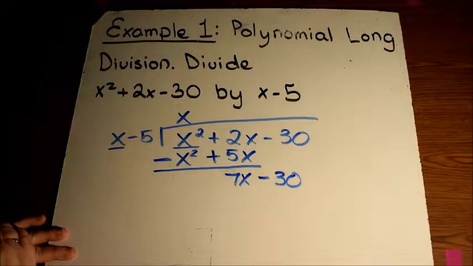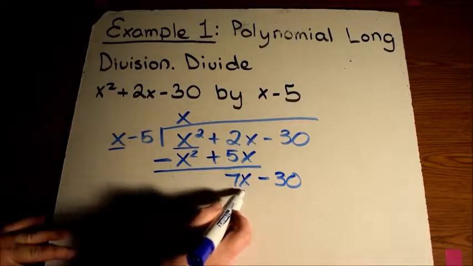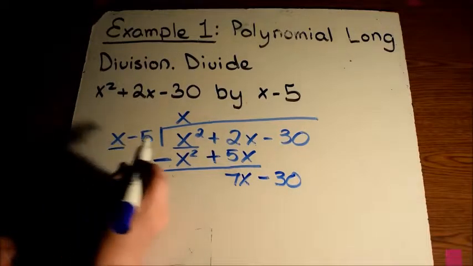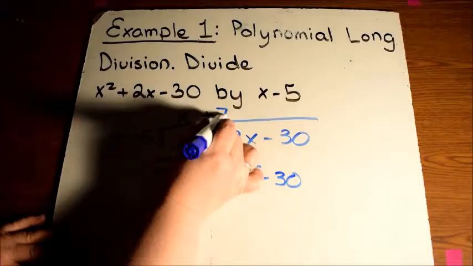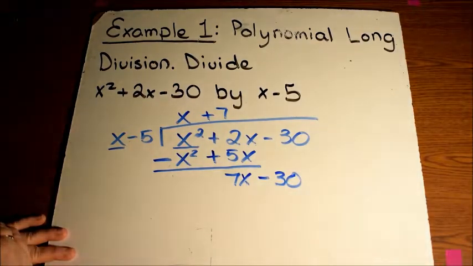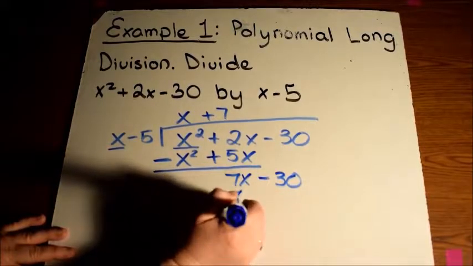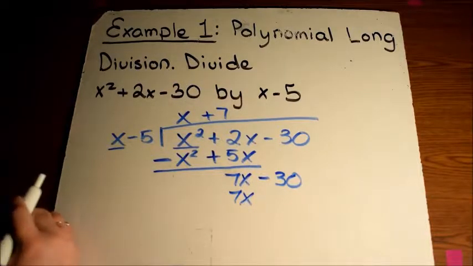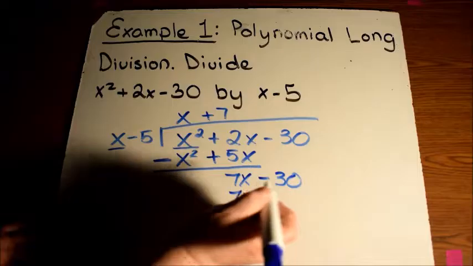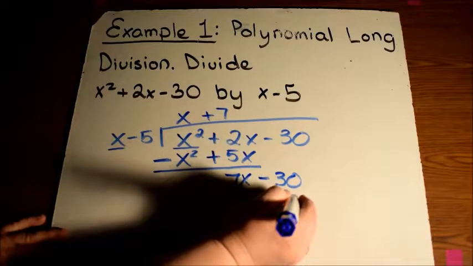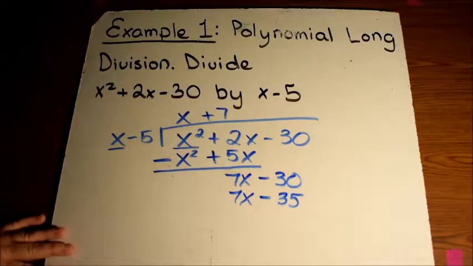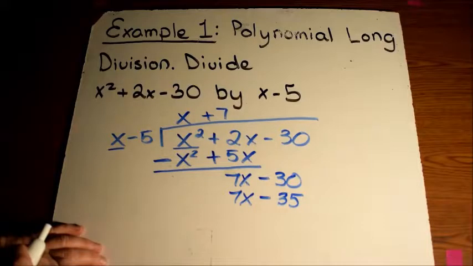So the first person we thought of was Dad. Divide 7x by x. Well, that's positive 7, so we put that up there. Now Mother. Multiply. 7 times x is 7x. 7 times negative 5 is negative 35. Now Sister.